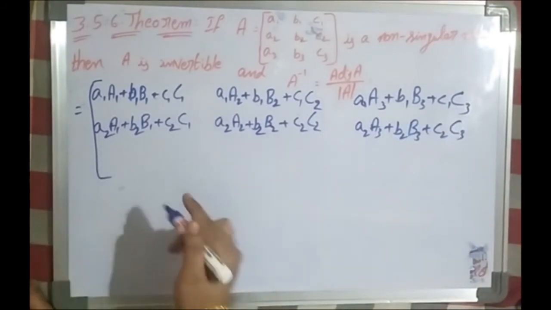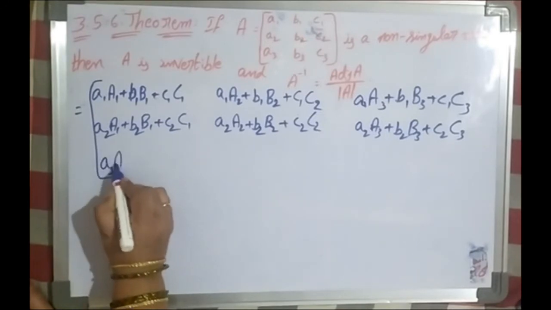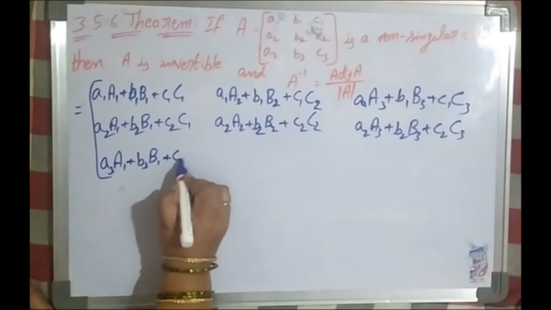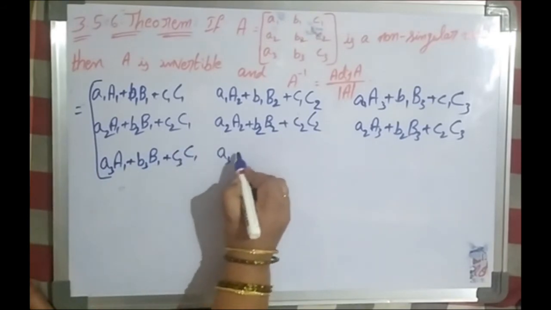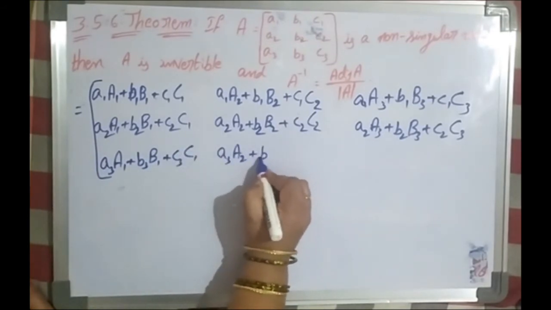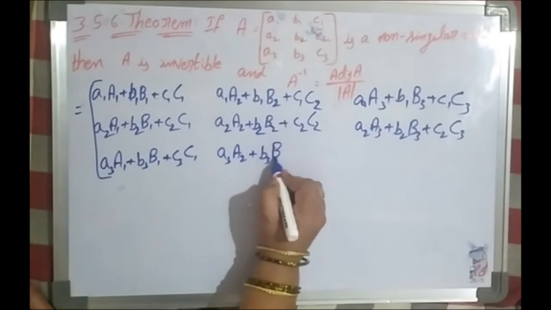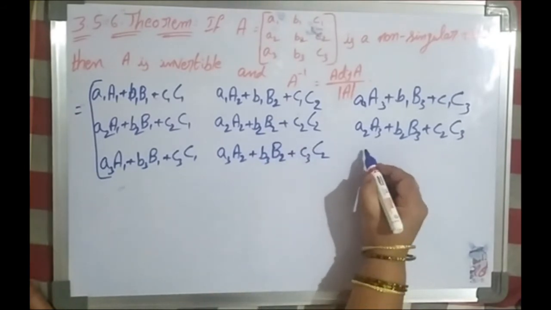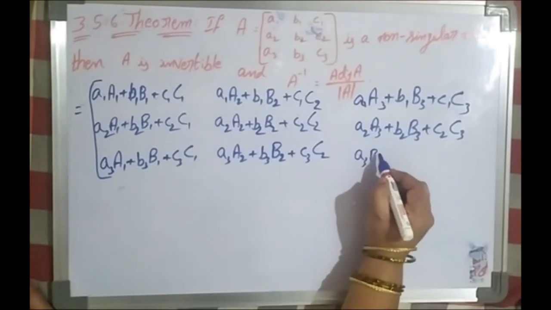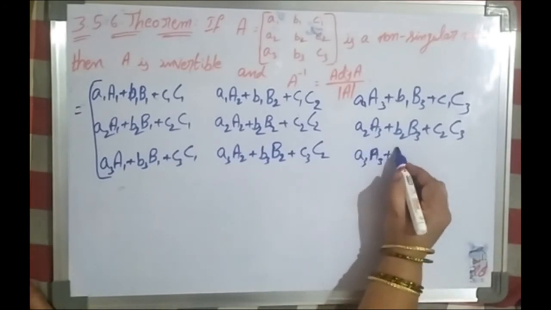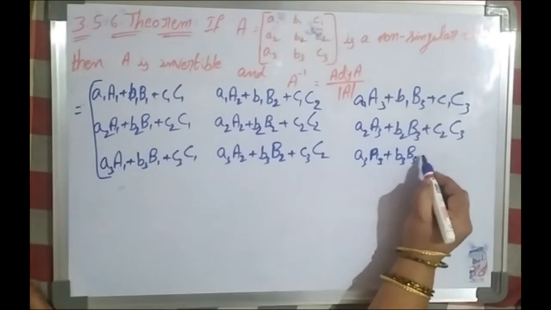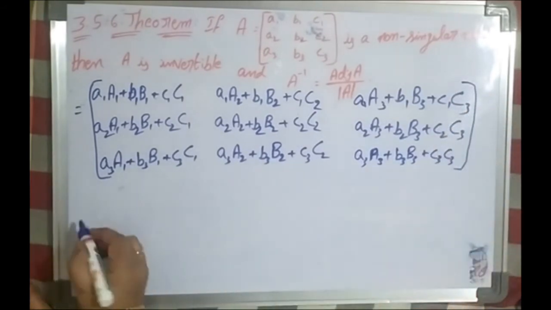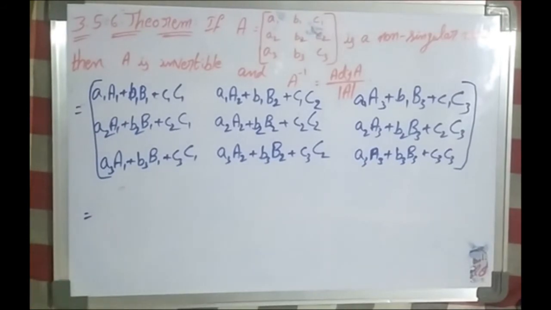Finally, third row first column a3 A1 plus b3 B1 plus c3 C1, then a3 A2 plus b3 B2 plus c3 C2, and next a3 A3 plus b3 B3 plus c3 C3. This is the multiplied matrix.